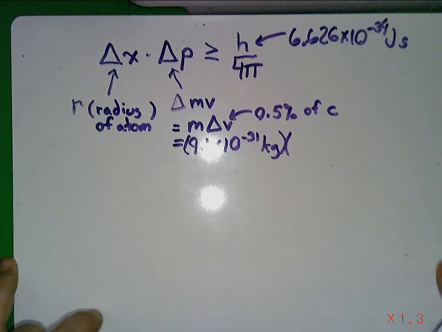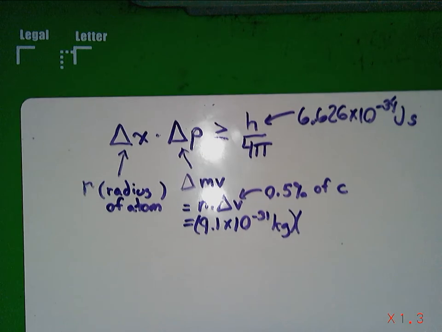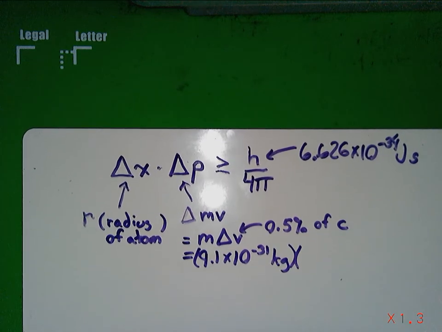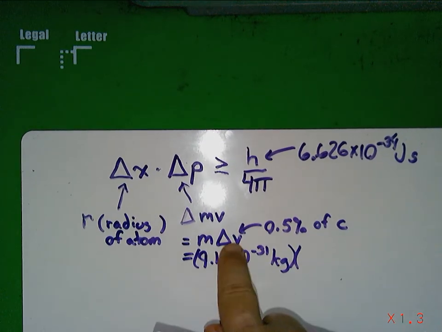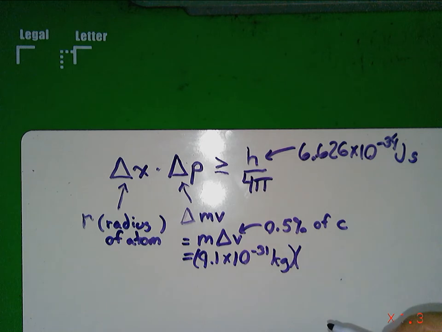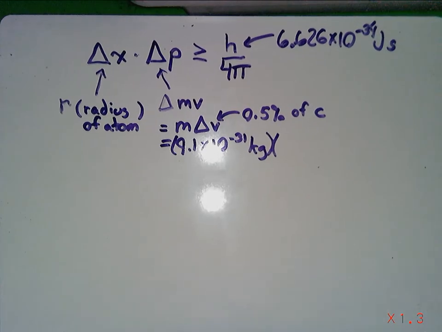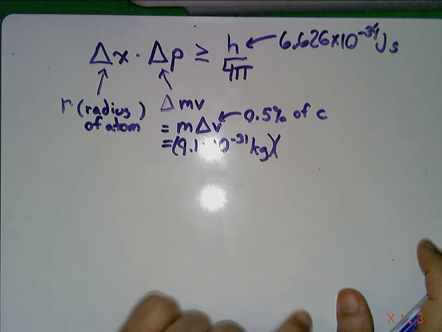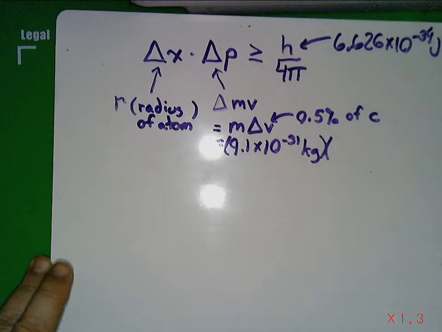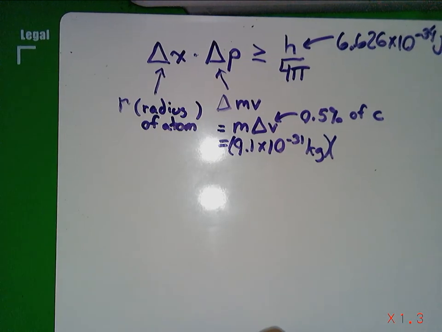So let's say my uncertainty in the speed is going to be about half of a percent of the speed of light. That's a reasonable uncertainty. And in fact, we find we can't measure the speed of the electron any better than that.